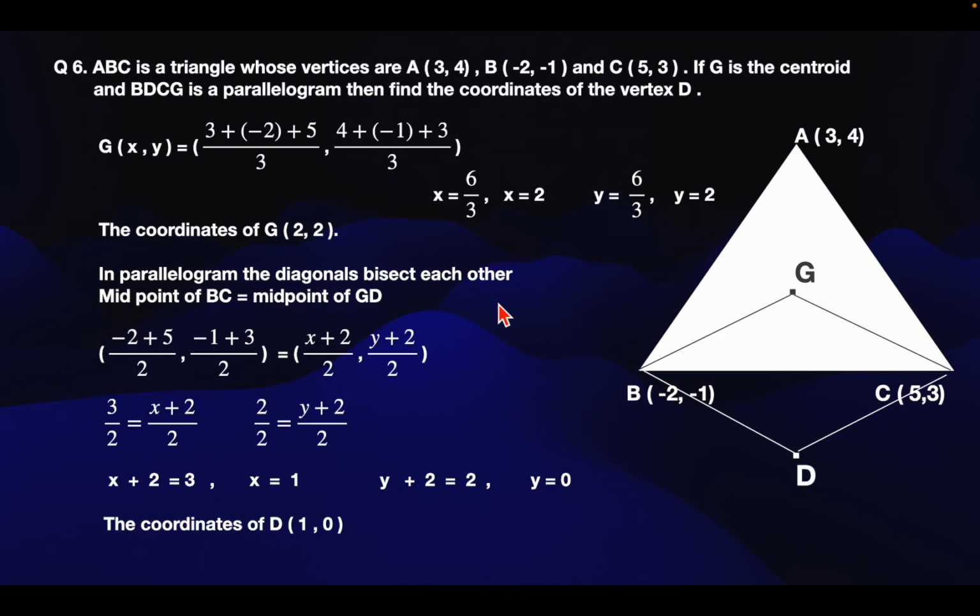This is equal to, use the midpoint formula for this. Here we do not know D, so it will be unknown X and Y. Write the coordinates of D as X and Y and write down the midpoint formula. Now this is equal to this, therefore the X coordinates are equal, and the Y coordinate is equal to this. Simplify, you will get X is equal to 1, Y is equal to 0, which is the coordinates of the point D.